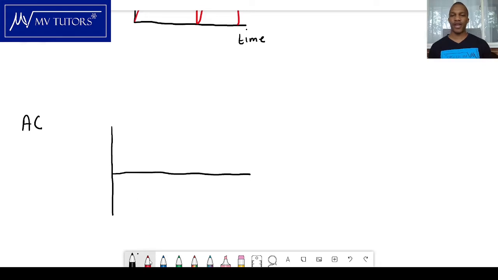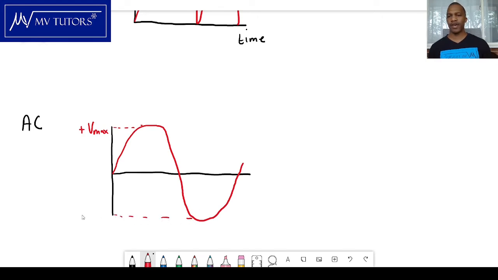AC behaves like this because it's alternating. It goes up and comes down and then goes up again, and so on. So it keeps alternating like that. Here this is your positive Vmax, but down over here we have a negative Vmax.